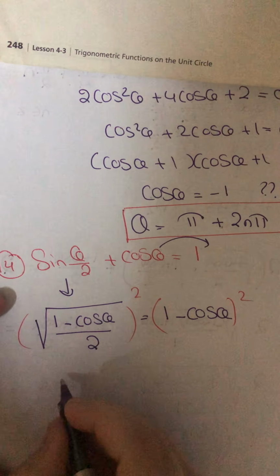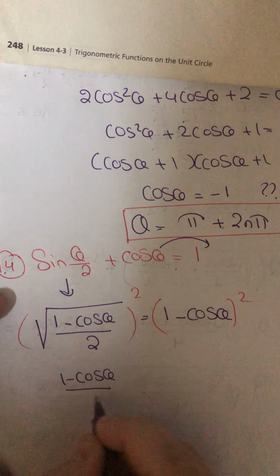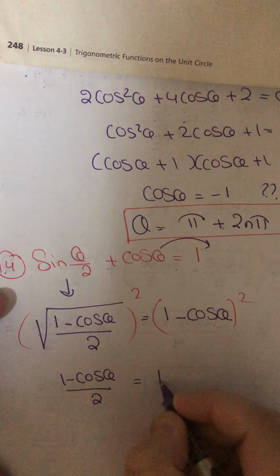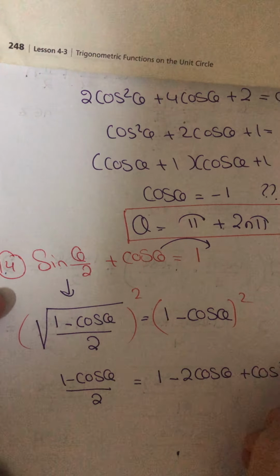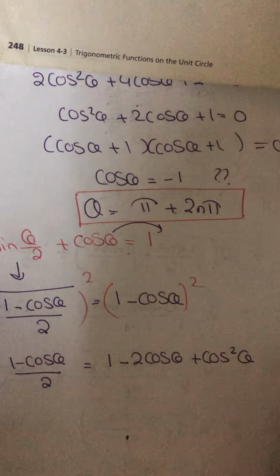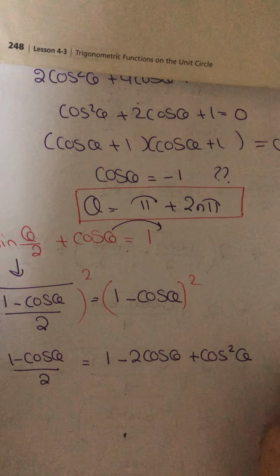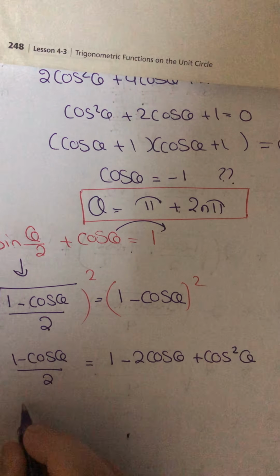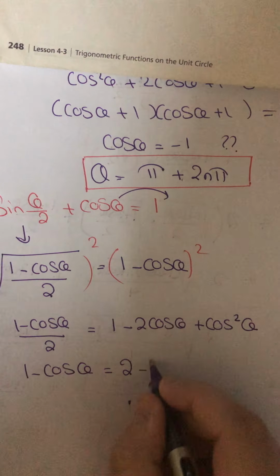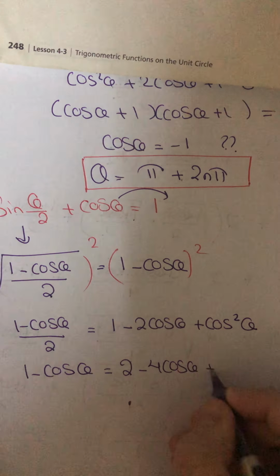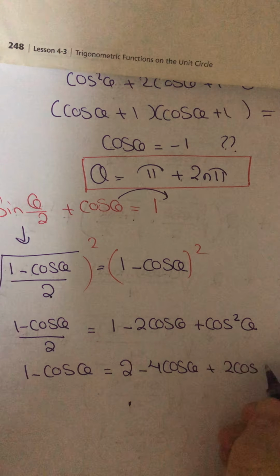Over here, 1 minus cosine theta over 2 equals to 1 minus 2 cosine theta plus cosine squared theta. I think the coming step is to multiply everybody by 2. So 1 minus cosine theta equals to 2 minus 4 cosine theta plus 2 cosine squared theta.